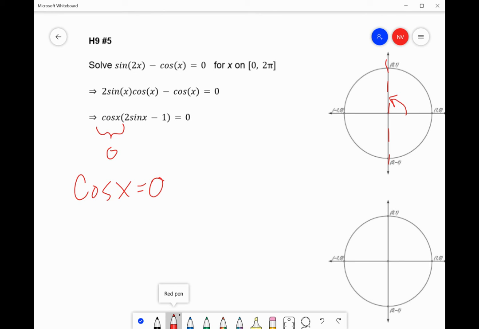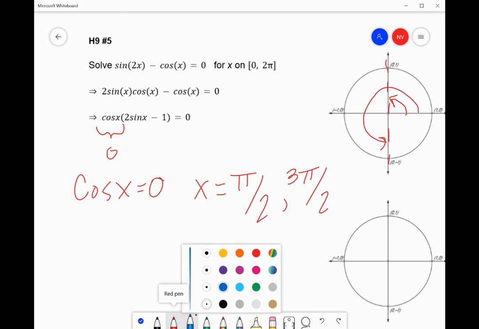So we have our x equals pi over 2 for that one. We also have, if we rotate all the way around and meet back there, 3 pi over 2 radians. Now we can also set the 2 sine x minus 1 to give us 0.